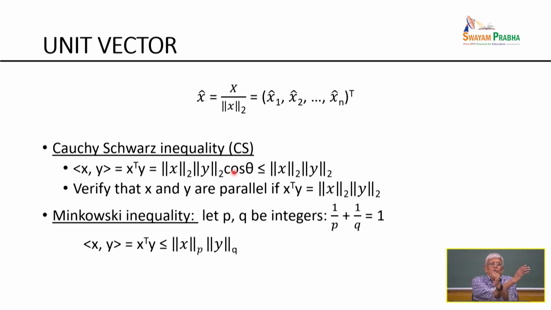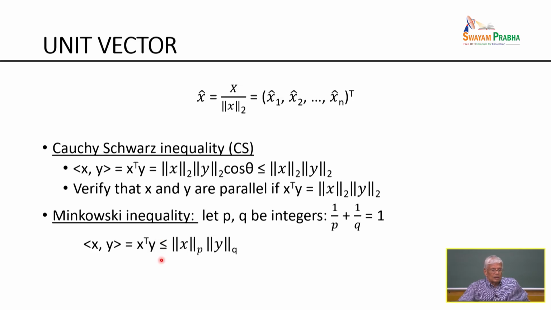So the inner product of two vectors is the product of norms only when the vectors are collinear. If they are not collinear, there is an angle theta which is not 0. So if you multiply the norm of x, norm of y by the cosine of theta, which is less than 1, the inner product is always less than or equal to the product of the norms. All of it with me? Everybody with me, please? And that's what is being said in here. Inner product of x and y is equal to x transpose y.